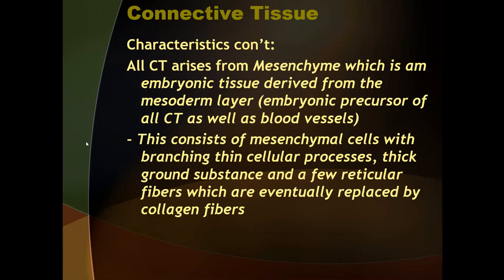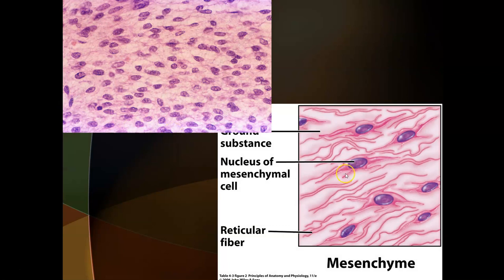It's going to become these connective tissues, but it starts off as this ground substance with mesenchymal cells and some reticular fibers, which eventually are replaced by collagen. So we see here in the drawing, we have the ground substance here in the light pink. Here's the mesenchymal cell, its nucleus, and of course then we have these reticular fibers embedded throughout.